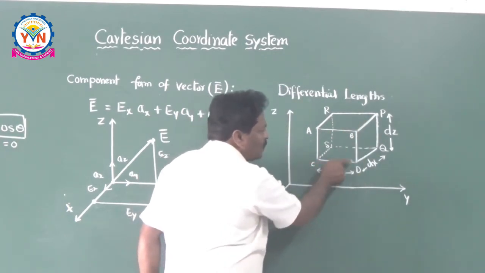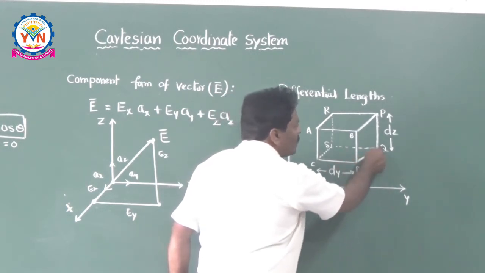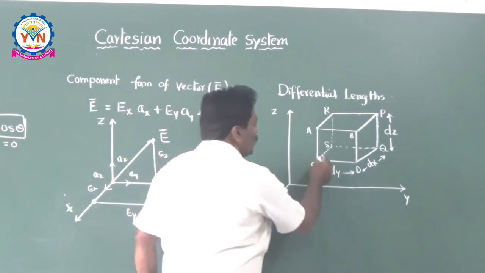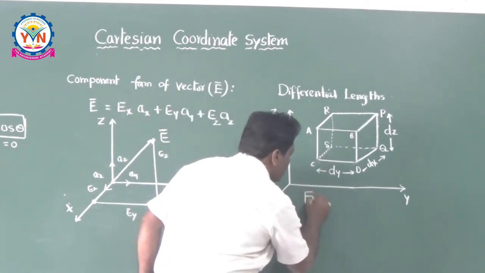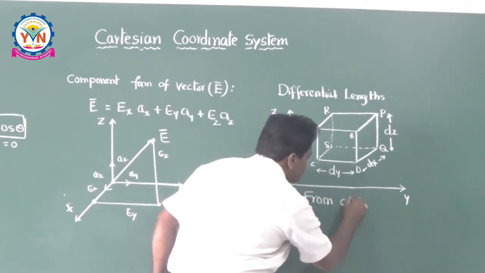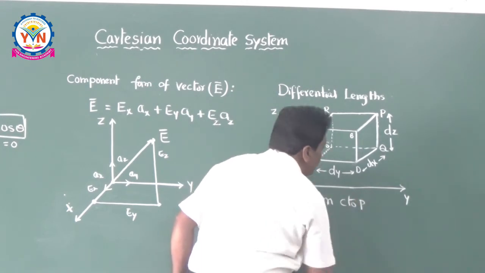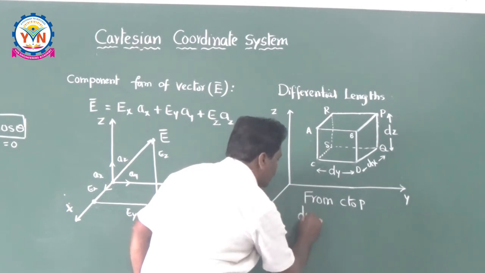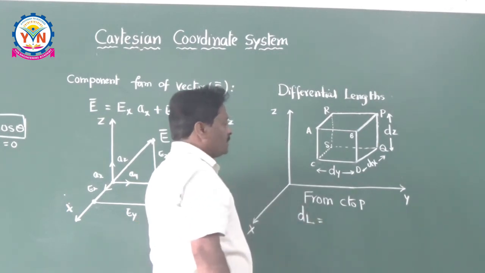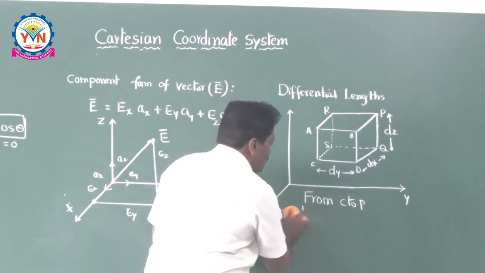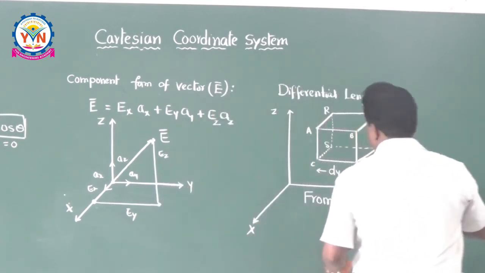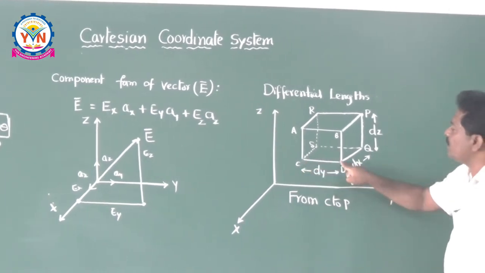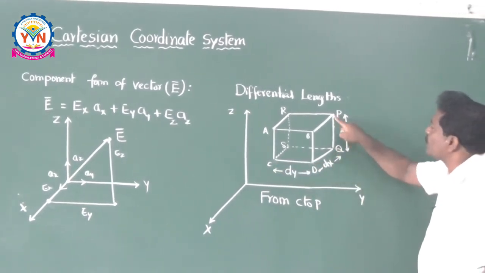I have to go from C to D, then D to Q, and Q to P. So if I want to travel from C to P, what is the distance here? Differential length dl is equal to, from C to D, and D to Q, and Q to P.